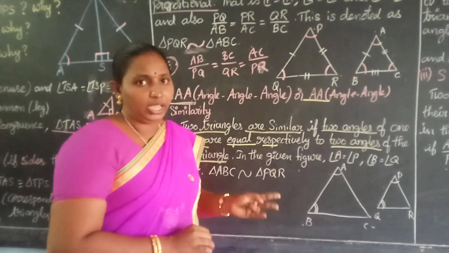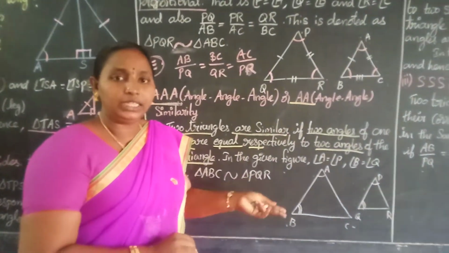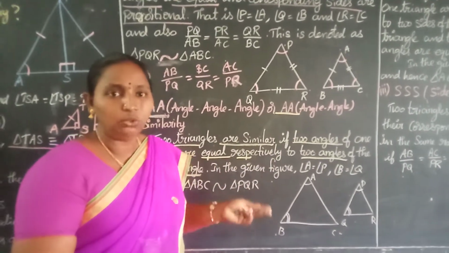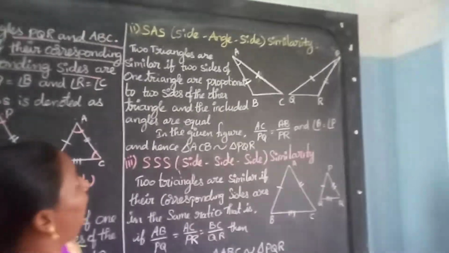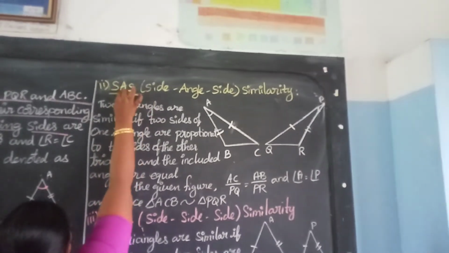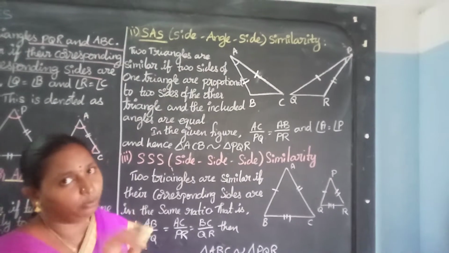If any two angles of a triangle are equal to any two angles of another triangle, then we say that the two triangles are similar to each other. Did you understand? Move on to the second one. That is SAS similarity, that is side, angle, side. So the angle should be equal here, but the sides should be in the same proportion.